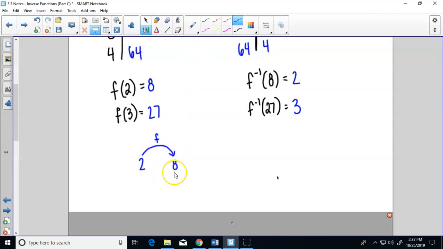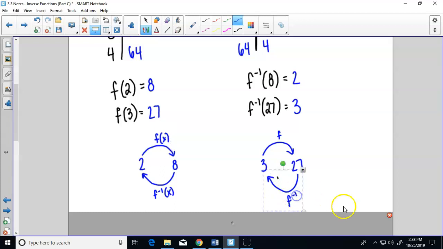So the inverse has to be the number that takes you back. So f takes you here, f inverse is the number that takes you back. For 3 and 27, you plug 3 into f, it gives you 27. If you take 27 and plug it into f inverse, it's going to give you 3.